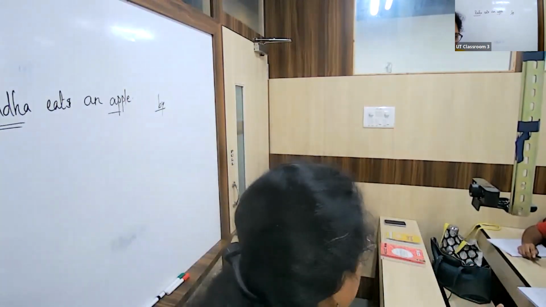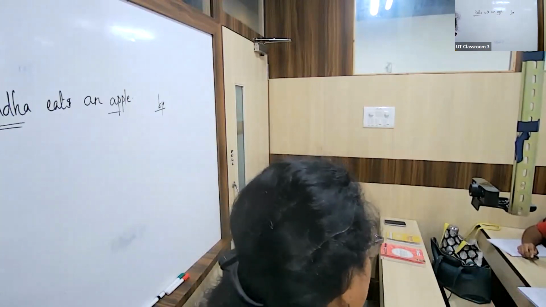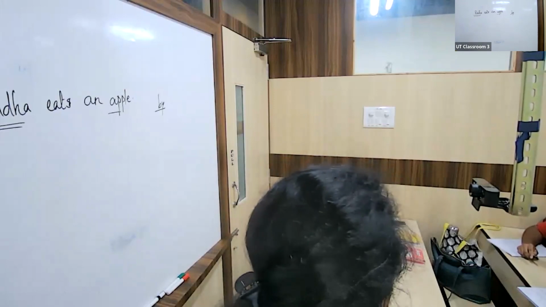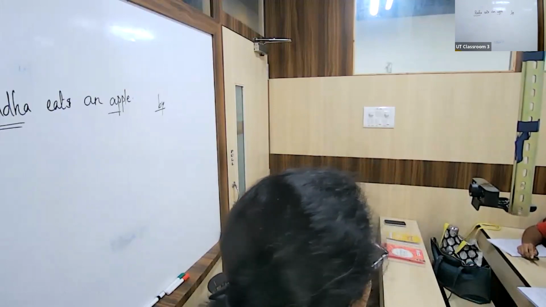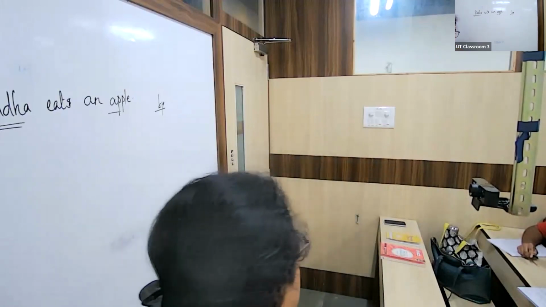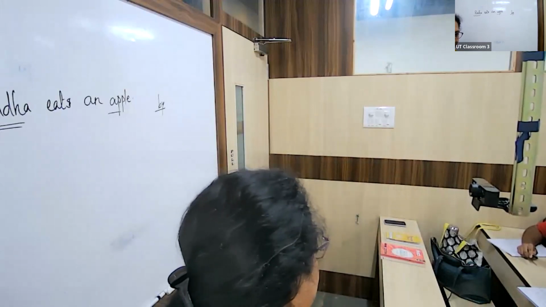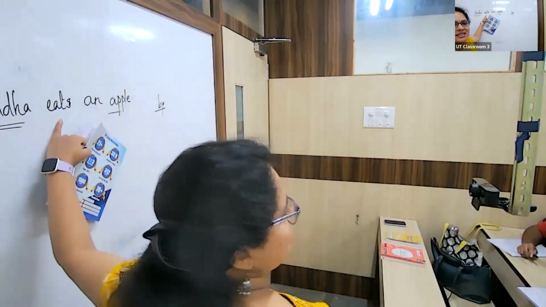Now your sentence was right, but the tense was wrong. क्या होना चाहिए इसका? An apple is eaten by Radha. क्यों present tense होना चाहिए? Very good, because the sentence is in present tense.